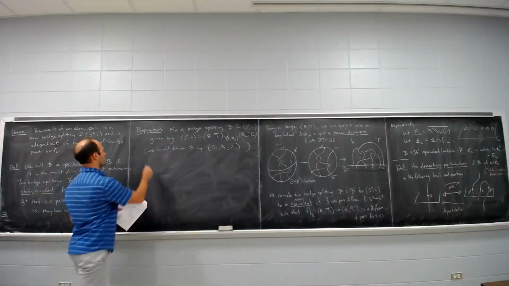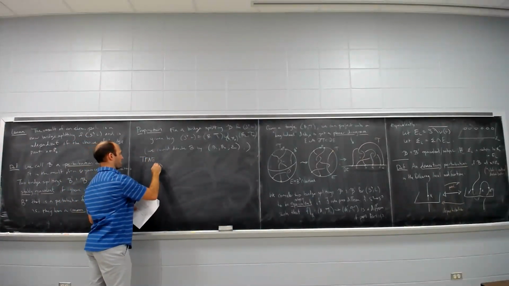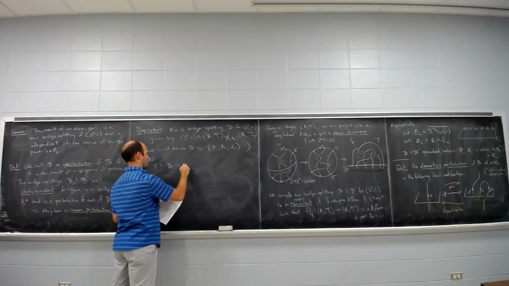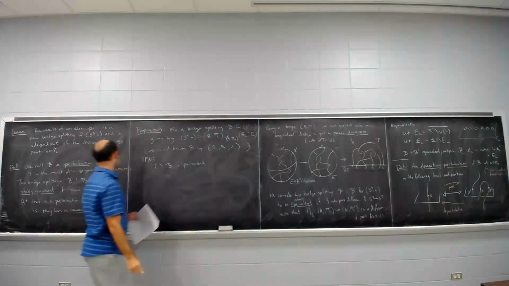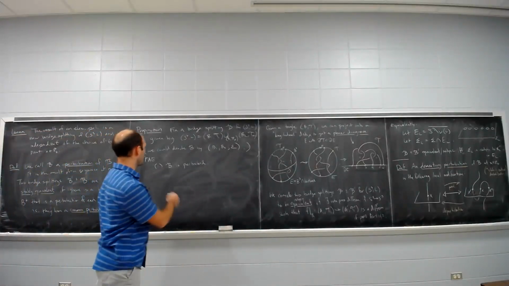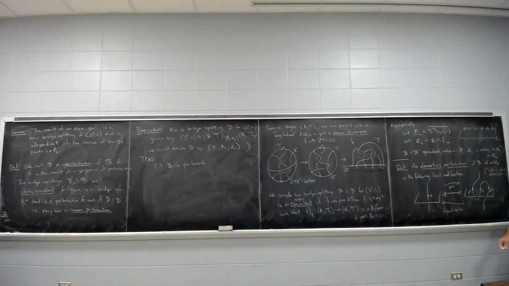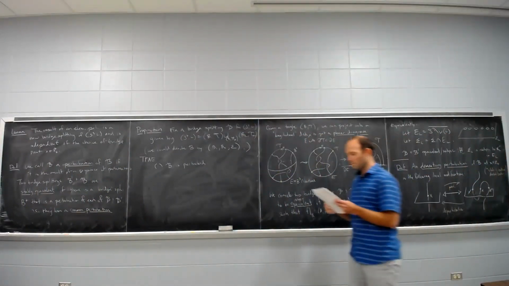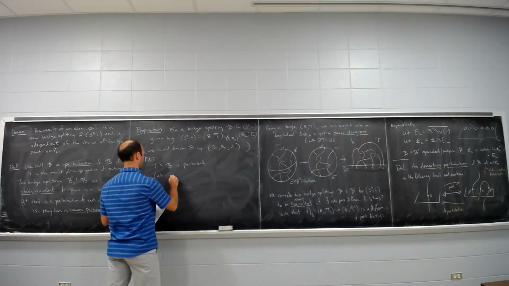Okay. Then the following are equivalent. The first thing is that B is perturbed. Perturbed just means, if it's not clear, that B is obtained from some other bridge splitting by an elementary perturbation. So what is this equivalent to?